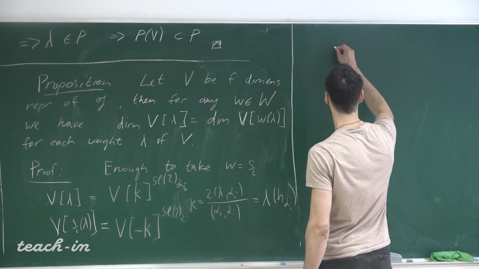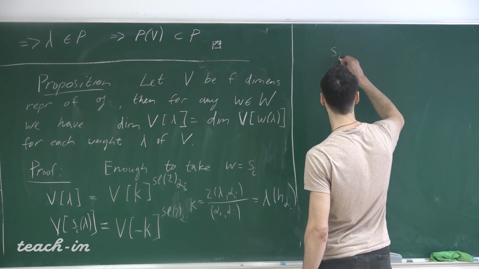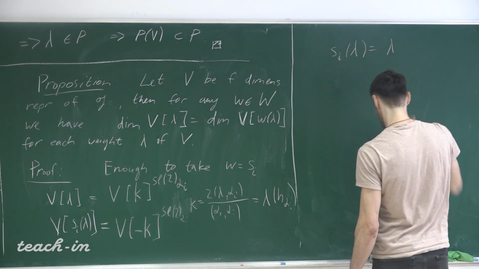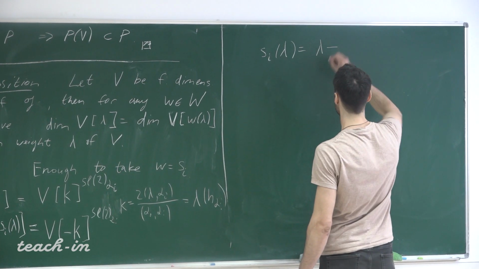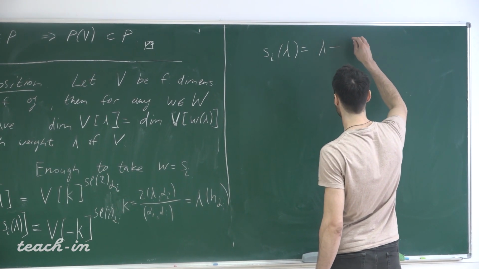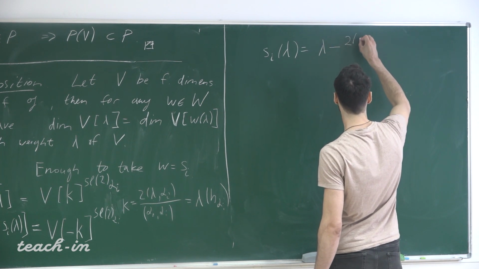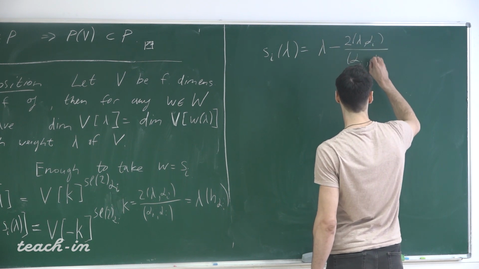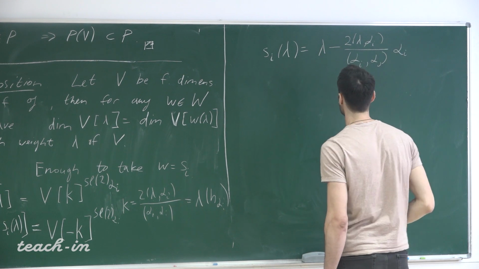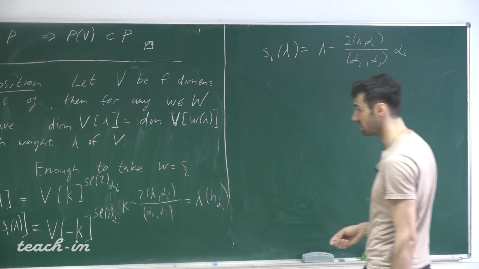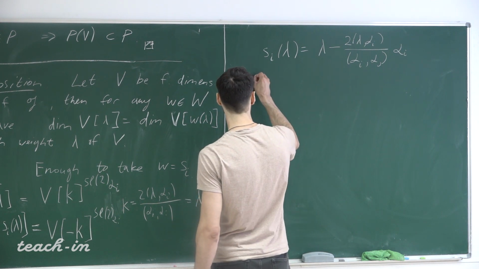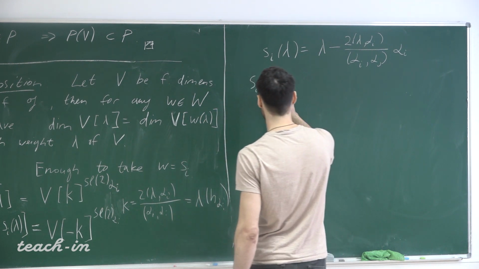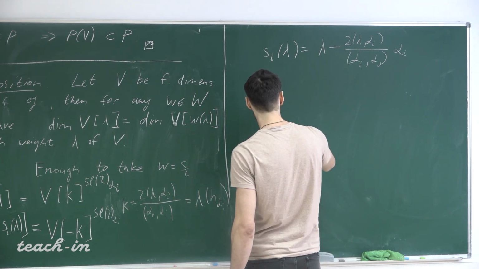So we need to remember what is Si of lambda. So we take lambda and reflect it. So we subtract its projection to alpha I. And so what is the corresponding SL2 alpha I weight?